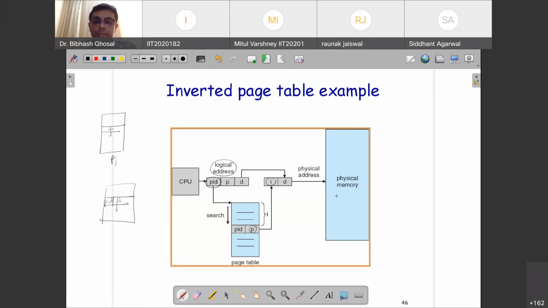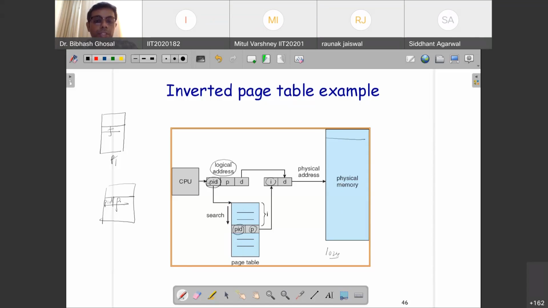Suppose 1024 frames have been created in physical memory, this table will contain 1024 entries. Each entry will correspond to a frame. But the frames of the physical memory can contain pages of different processes. So I will also maintain the PID and the page of that particular process.